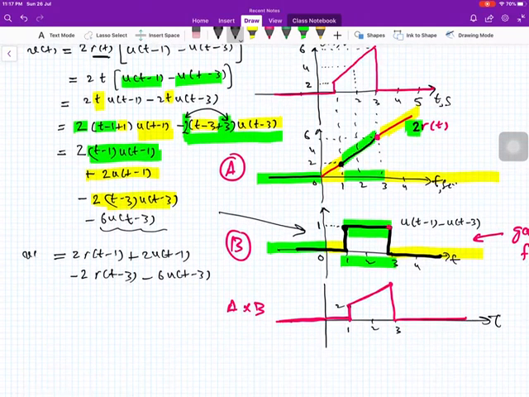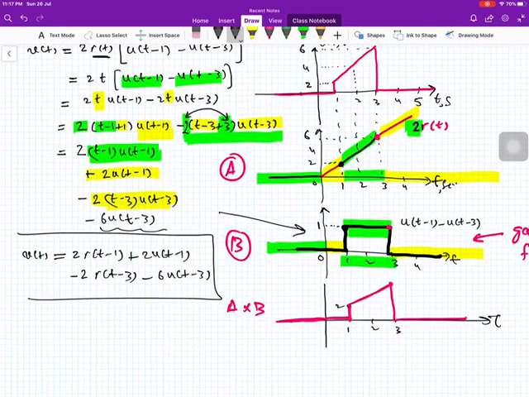So this is another representation of the same signal.